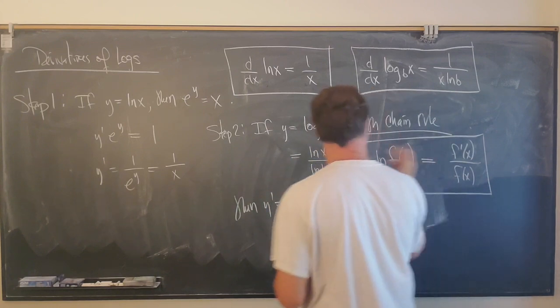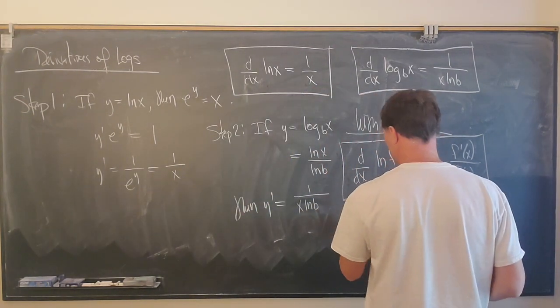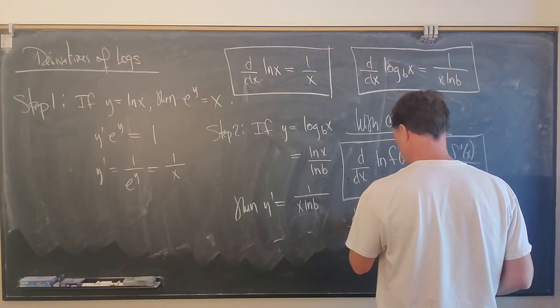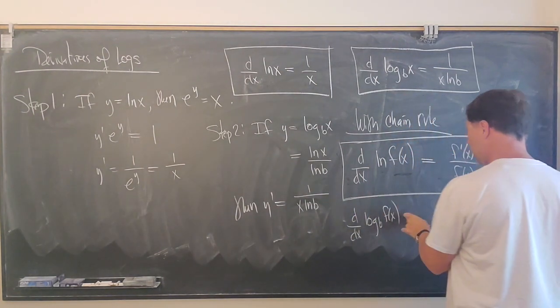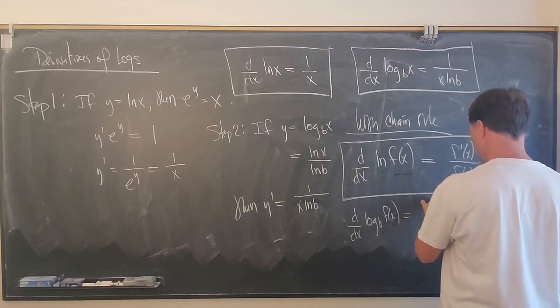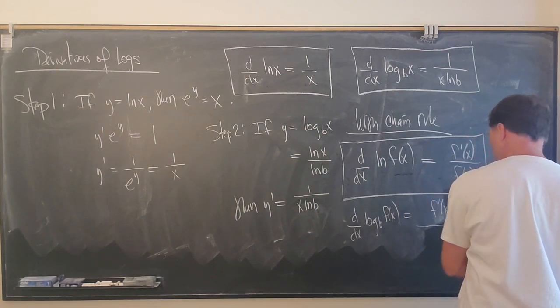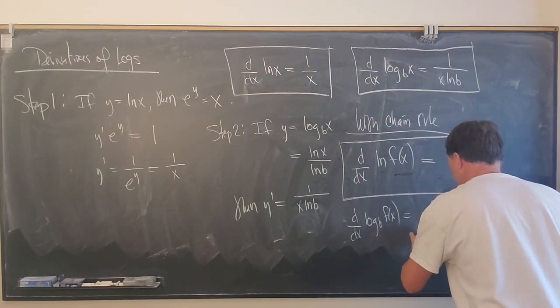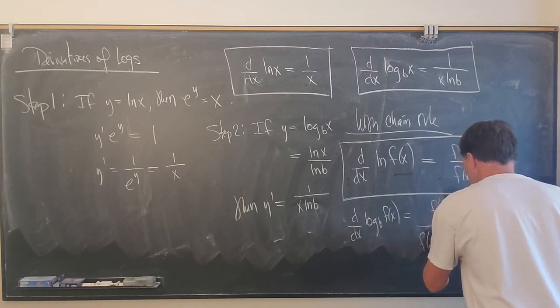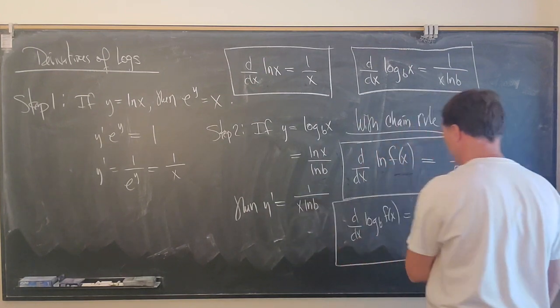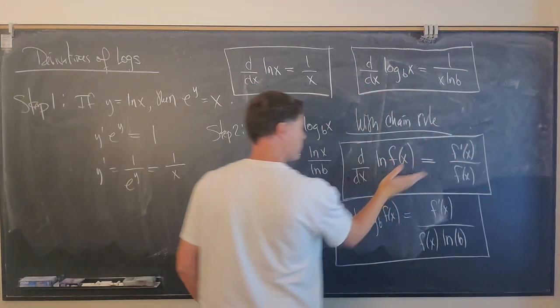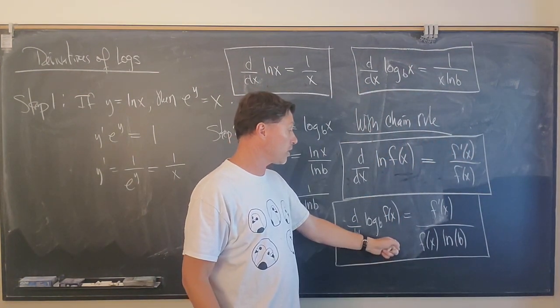And then there's the general formula for base b: for log base b of f of x, the derivative is going to be f prime of x over f of x times the natural log of b. This one comes up less in calculus. The first one is the one that we use mostly, but you do need to be aware of how to use this one also.